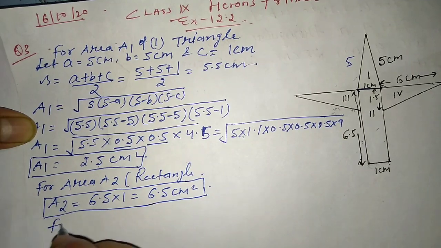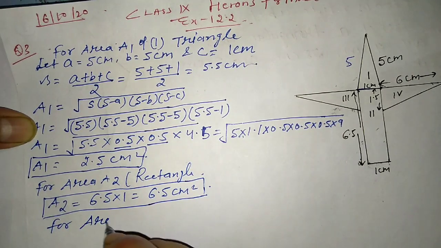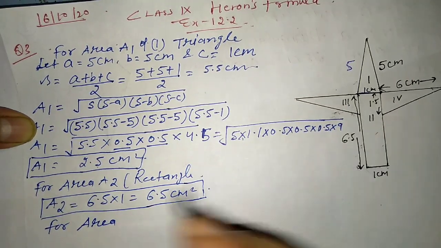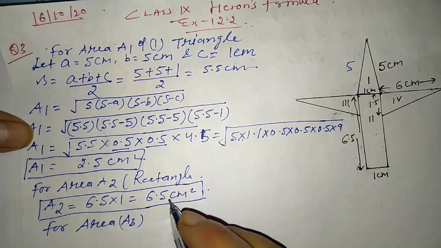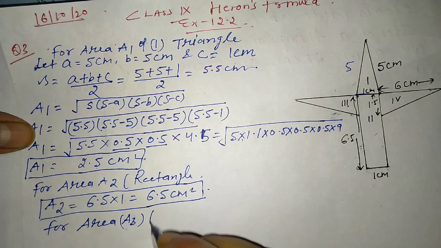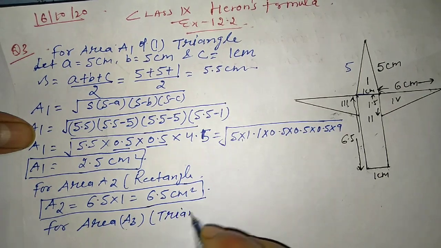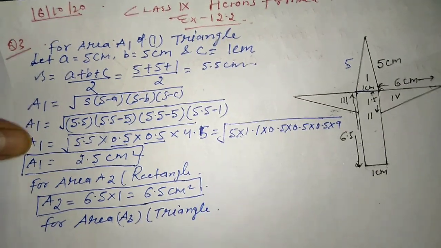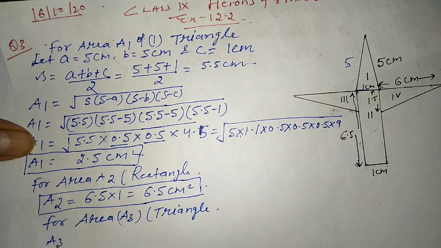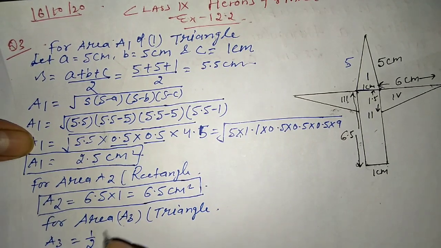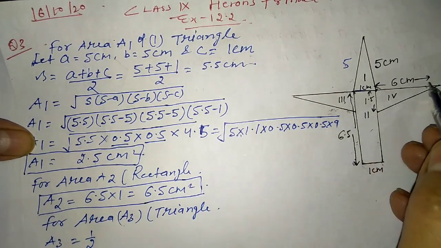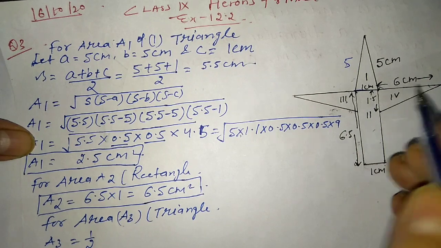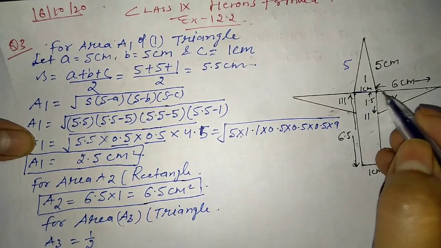Now for area A3, that is a right triangle. So we can write it as a triangle. A3 is equal to 1 upon 2 base into height.